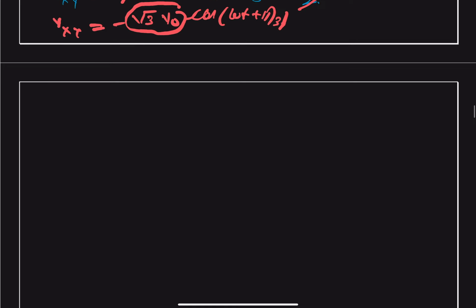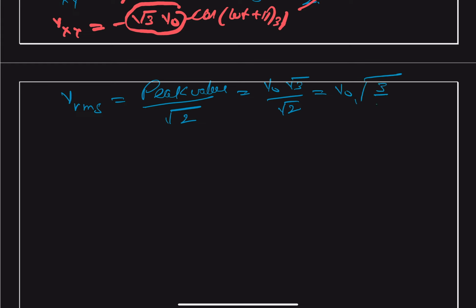Vrms is equal to the peak value divided by square root of 2. This comes as V0 square root of 3 divided by square root of 2, and this comes as V0 square root of 3 divided by 2.